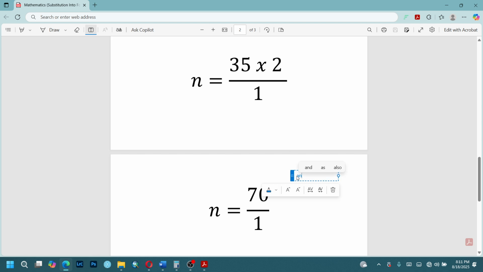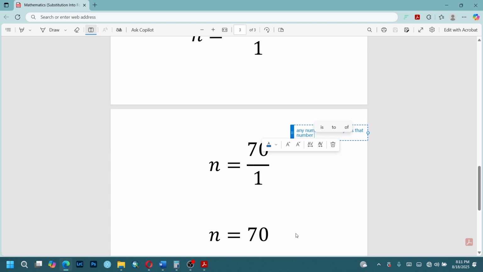So any number divided by 1 is that number. Okay, so based on that rule, we are going to have our n to be the fraction 70 over 1, which is 70. So therefore, our n is 70.